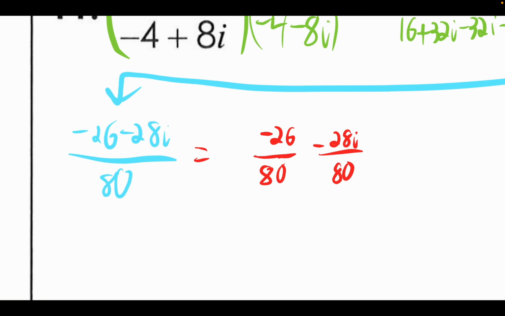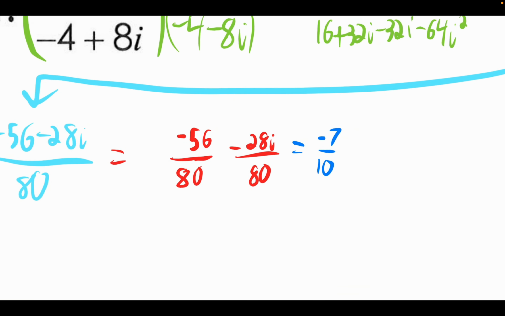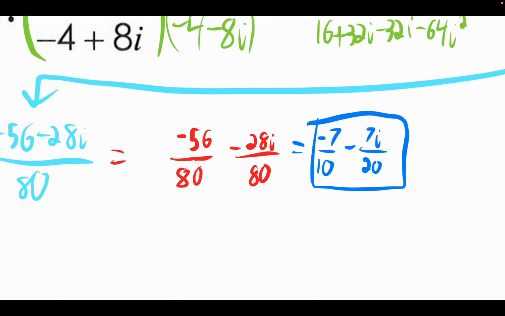This should be a 56 on the blue, light blue and the red there. I didn't like my erasing of that one there. So in this first one, the top and the bottom reduce by 8 and become negative 7 over 10. On the bottom one, the top and the bottom only reduce by 4 and become 7i over 20. And so these have to stay as separate fractions because they do not have the same denominator.